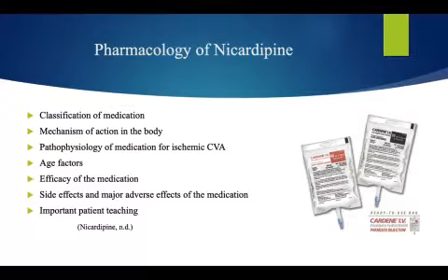Nicardipine inhibits the influx of calcium ions into the cardiac and smooth muscles, acting specifically on the vascular muscles. It can cause a smaller decrease in cardiac output than other calcium channel blockers because of its vasodilatory effects, and its primary effect is reduction in the blood pressure.